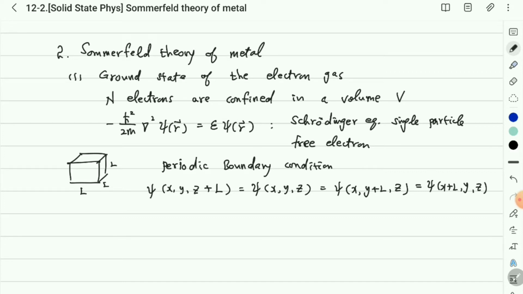It is a periodic boundary condition, and because the electron is a free electron, basically the wave function represents extended free particles.